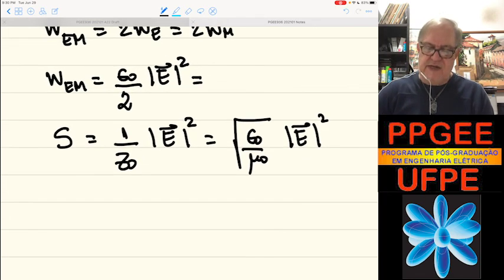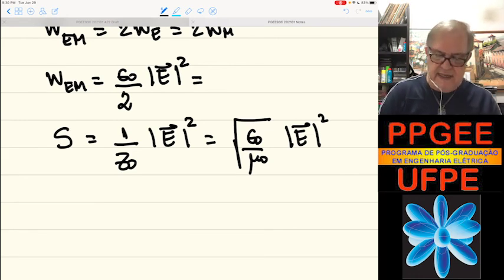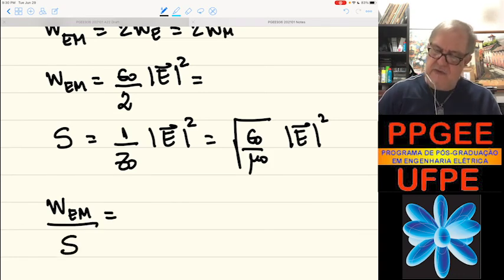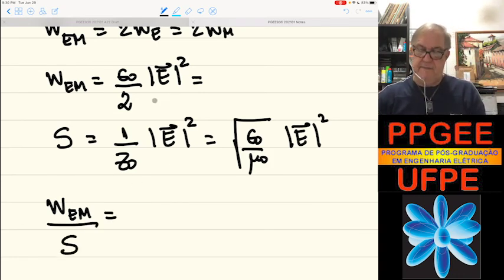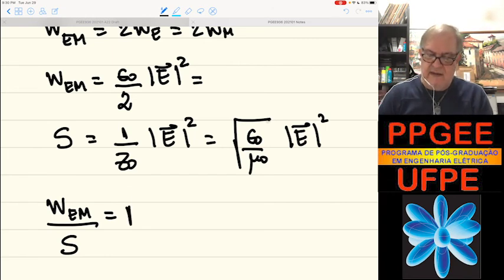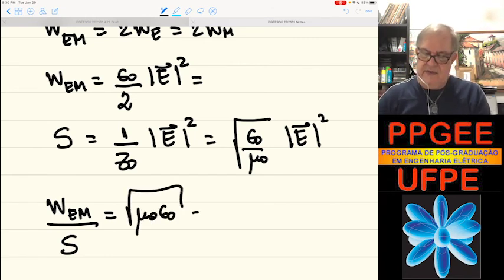I can make the ratio between these two quantities, the total electromagnetic energy divided by S. It's going to be epsilon 0 divided by the square root of epsilon 0, times the square root of mu 0, which is the square root of mu 0 epsilon 0, which equals 1 over c, right?